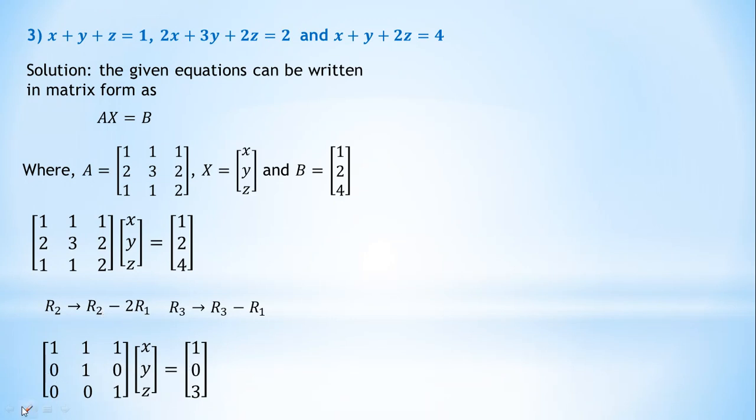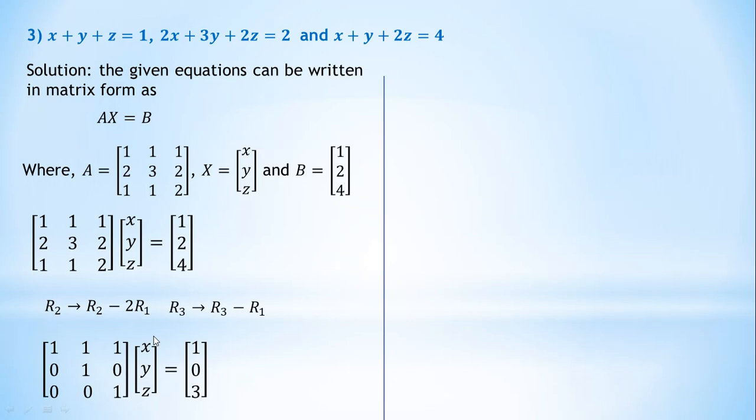Now if you observe this equation, then here this is 0, this is 0, and this is also 0. Now while getting 0 here, we get 0 also here. Okay, so our procedure is completed. We get the upper triangular matrix. Okay, so the procedure is completed after these two transformations.